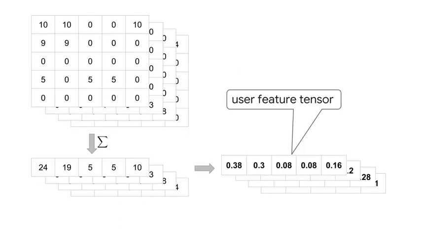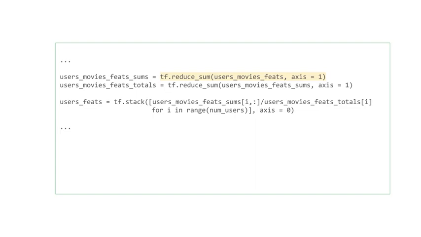To find the user feature tensor, we sum across the feature columns, just as before, and individually normalize each of the resulting vectors. To normalize the user's movies features tensor, we first sum each column using tf.reduce_sum and setting the axis equal to 1. The resulting tensor would then be rank 2, where each row represents the sum of the feature values for each user.